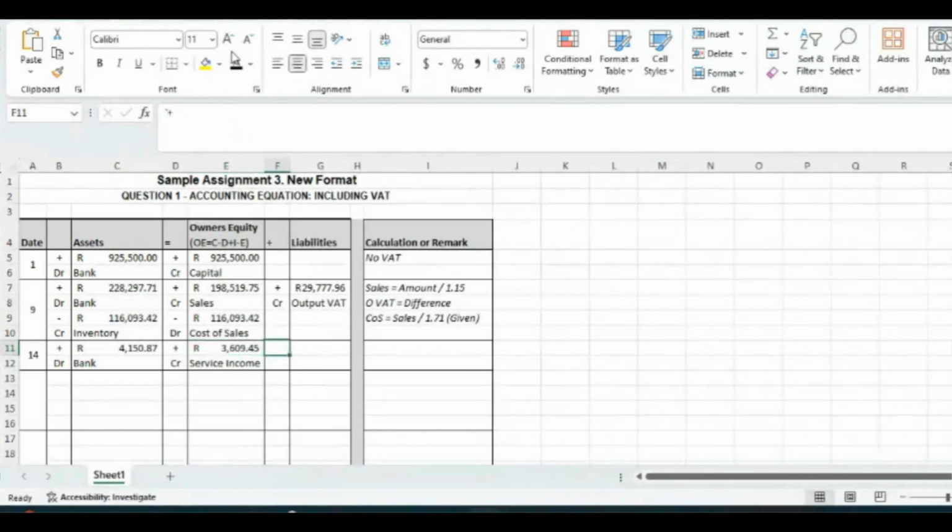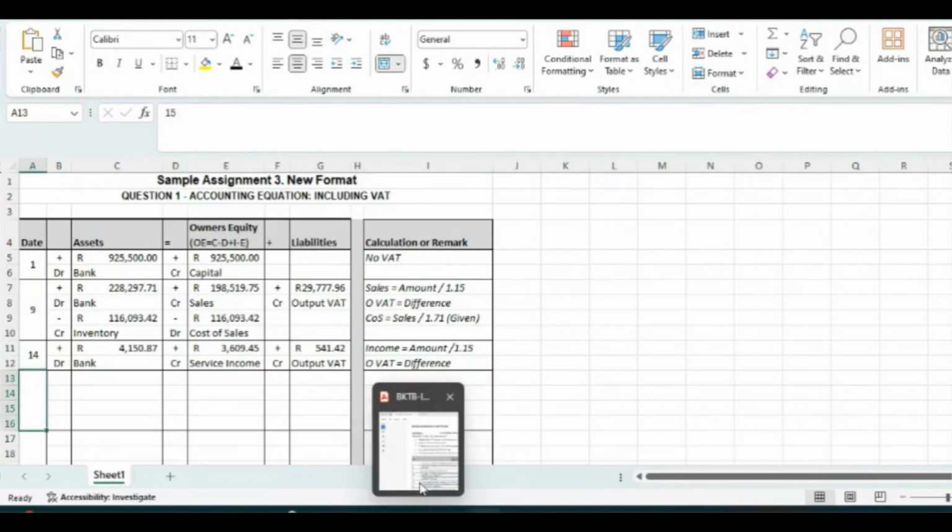And once again, this is going to cause an increase. It's also going to be credited in our output VAT, and that will simply be the difference between the two amounts there. And so if you want to know what I did, those are how I got to those amounts. Then the next thing that we can do is we go and look at the next transaction.